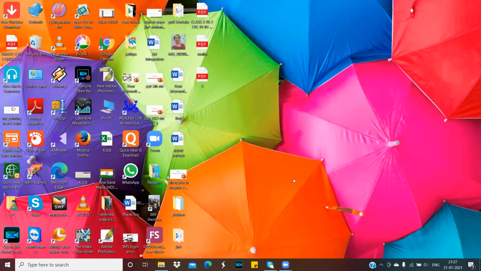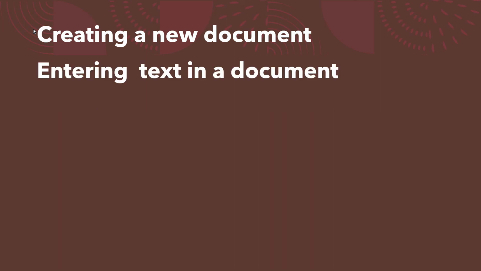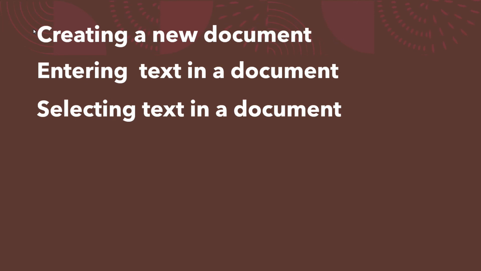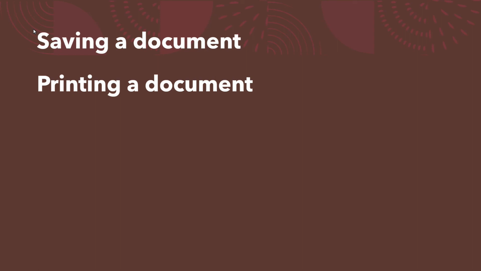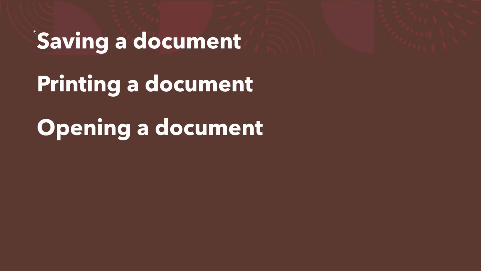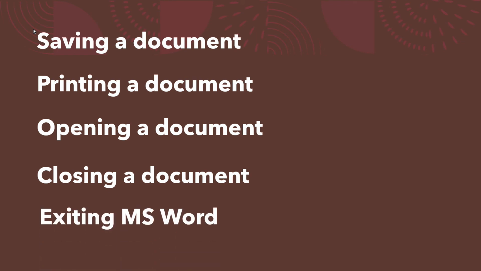In this video, we have discussed: the first topic is creating a new document, then entering text in a document, selecting text in a document, adding new text, how we can move text from one place to another, then how we can copy text, then we learned how to save a document, how to do printing, then how to open a document which we already saved, then how to close a document and exit MS Word. Thank you.